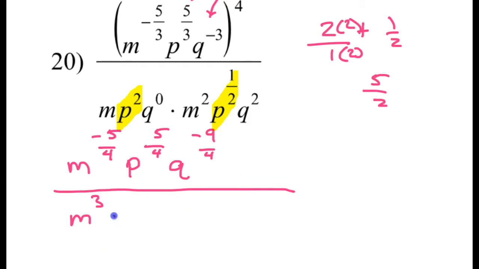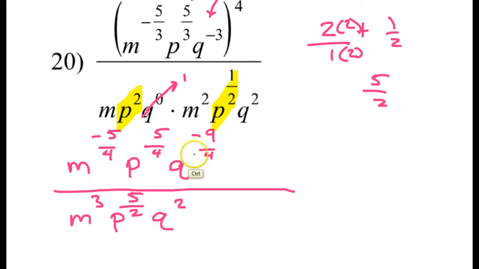So that is going to be p to the 5/2 power. And how about the q's? Well, anything to the 0 power is 1. So basically I can just cross that out and ignore it. So that just leaves me with q squared.